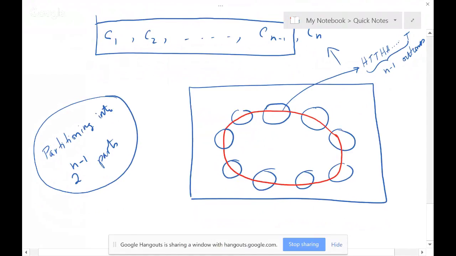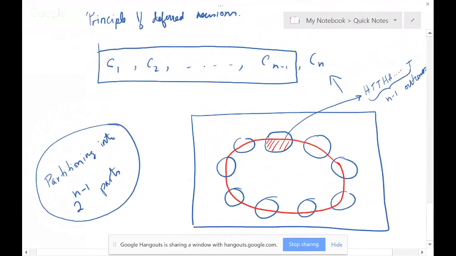So now let's focus on this. The claim is that this shaded portion is going to be a half. Why is that the case? It's easy to see, because when we focus on this event, we have specified the first n-1 outcomes.